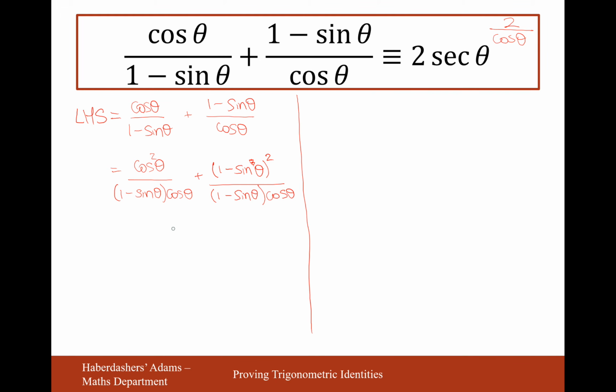Okay, so there we are. We've had to times top and bottoms by kind of each other. So let's now try and put these together. So the denominator on both of them will be the same. It's going to be 1 minus sine theta cos theta.